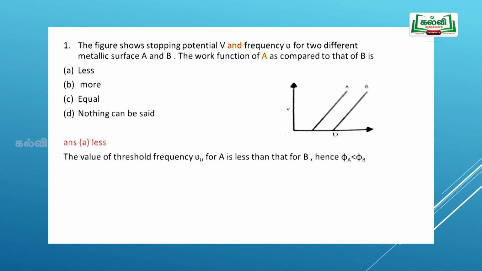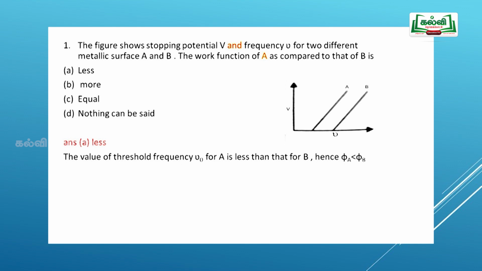As we know, this value is called the threshold frequency for metal A and this is the threshold frequency for metal B. Threshold frequency of A is less and threshold frequency of B is more. Work function is directly proportional to threshold frequency. So the work function of A is less and B is more. So the value of threshold frequency nu naught for A is less than that of B. Hence, the work function of A is less than that of B. So the answer, A, less, is the correct answer.